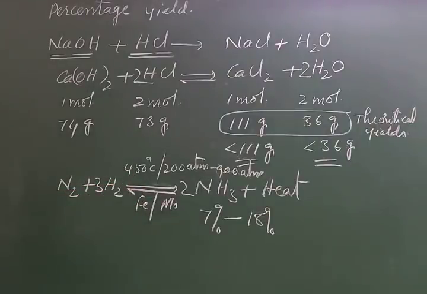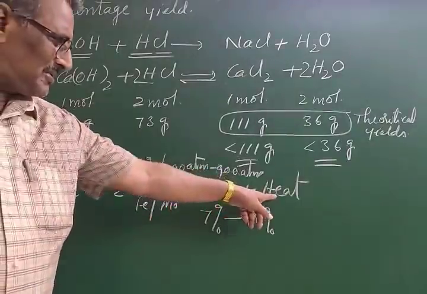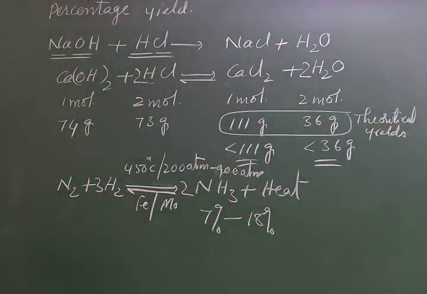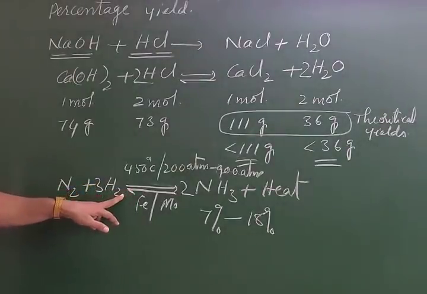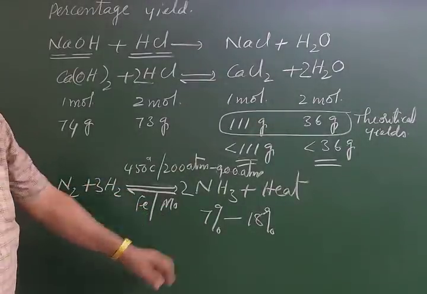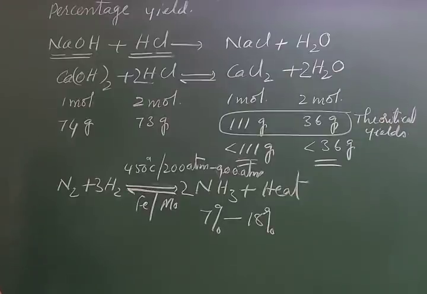To suppress the backward reaction, either heat is removed or the ammonia formed is removed, so ammonia will be formed continuously. If these are not removed, due to the reversible process the yield is very low. If the yield is very low, the industry is not profitable. We need to get more yield. The percentage of yield should be more.